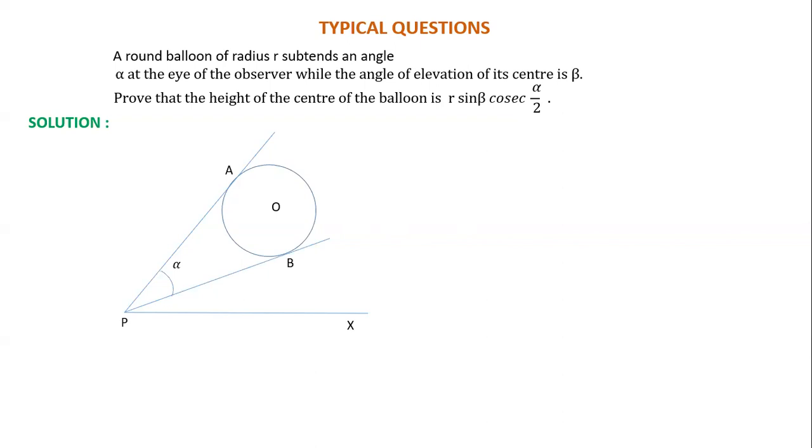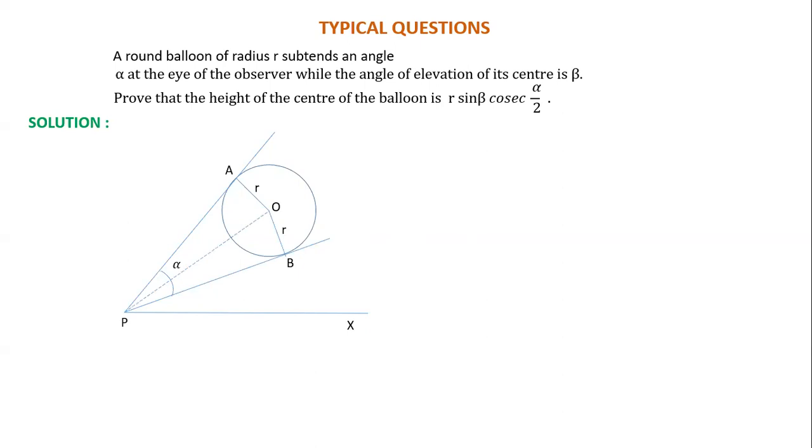Clear? So this is the center to the point of contact A. This is the radius of the balloon. Now this is again another radius, this is also r.